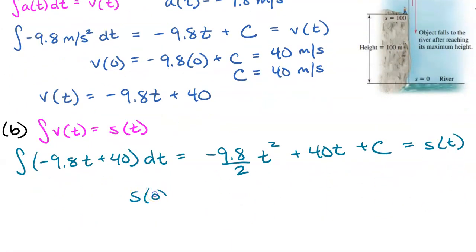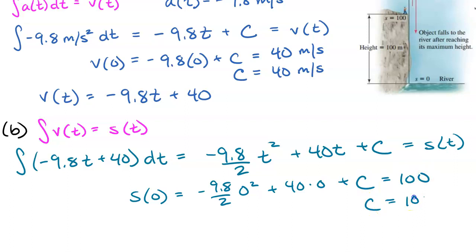So c is 100 there. So our official position function is negative 4.9t squared plus 40t plus 100.